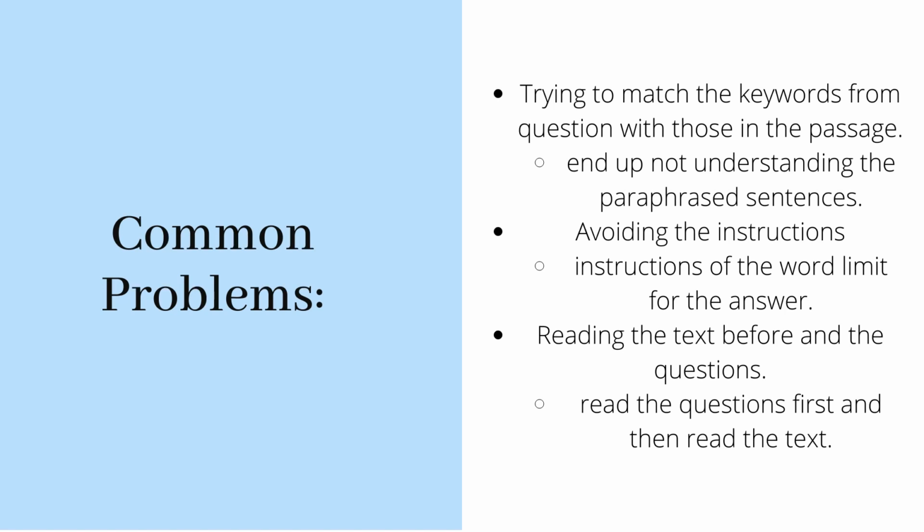Finally, students often start reading the text before the question. This is confusing for most people and wastes more time. Read the questions first and then make sure that you are reading the text carefully and also comparing the same, synonym or paraphrased sentences in the text.